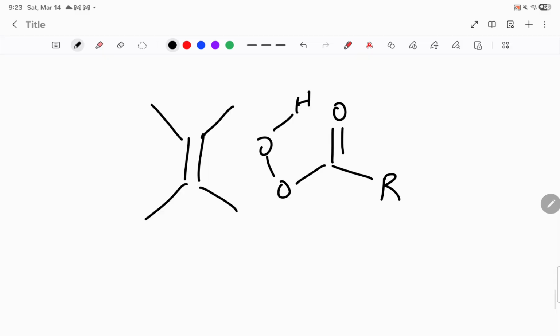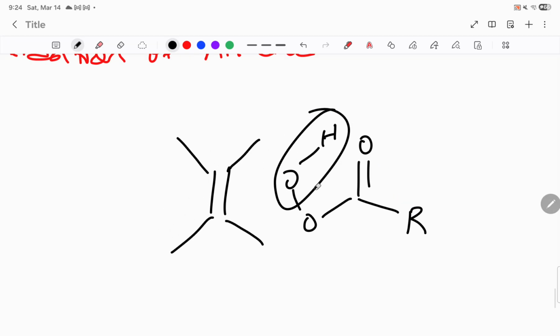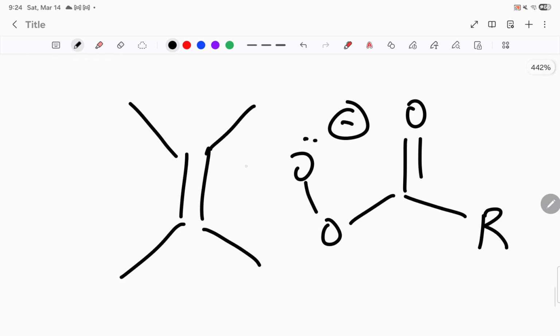So once again, how does this work? Well, first things first, this guy has to be deprotonated, okay? And when he gets deprotonated, guess what? We have this, negatively charged, and so he is going to go ahead and do this, and this is going ahead and do that. All right, and so that's the thing that's actually forming our epoxide.